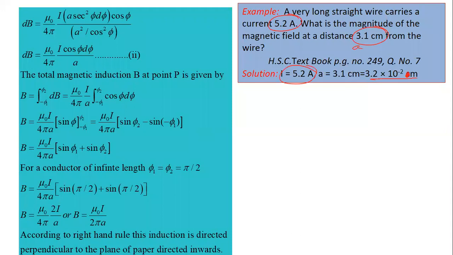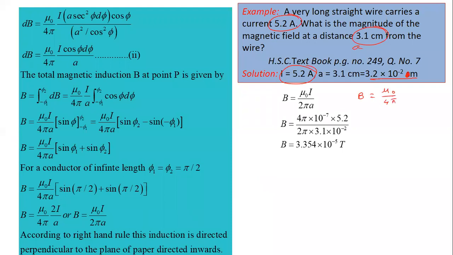Now after substitution in the formula, remember you can also use this formula: B is equal to mu 0 by 4 pi into 2I by a, because this total term mu 0 by 4 pi is 10 raised to minus 7. Then 2 into I is 5.2, divided by a, which is 3.2 into 10 raised to minus 2.